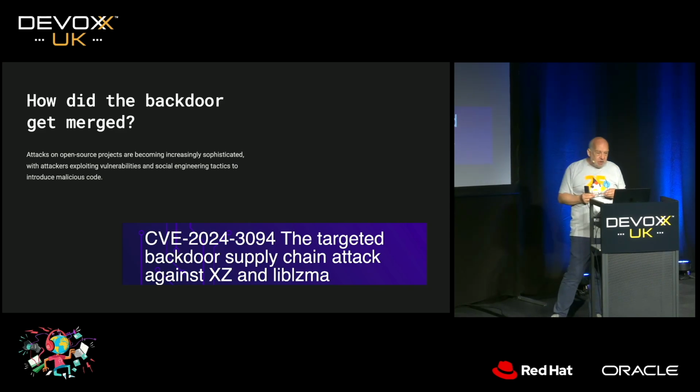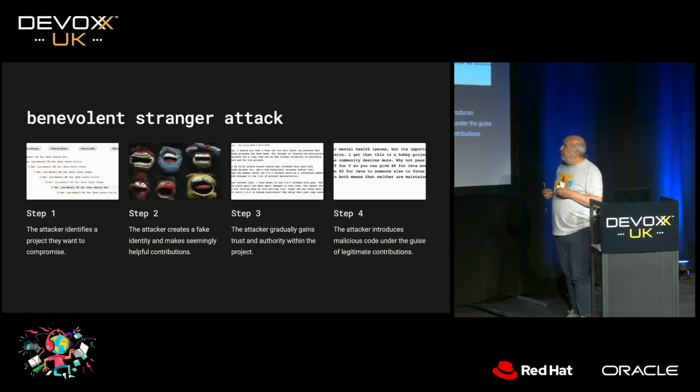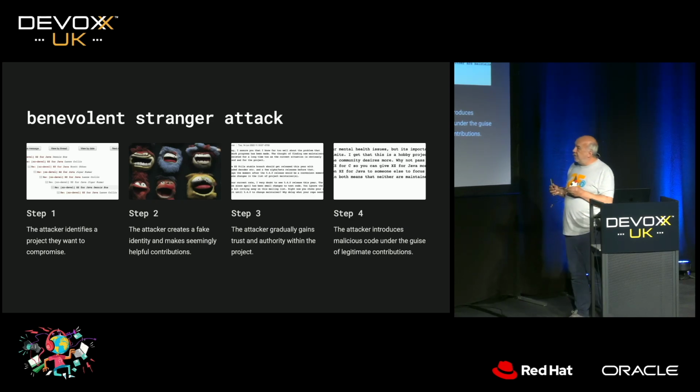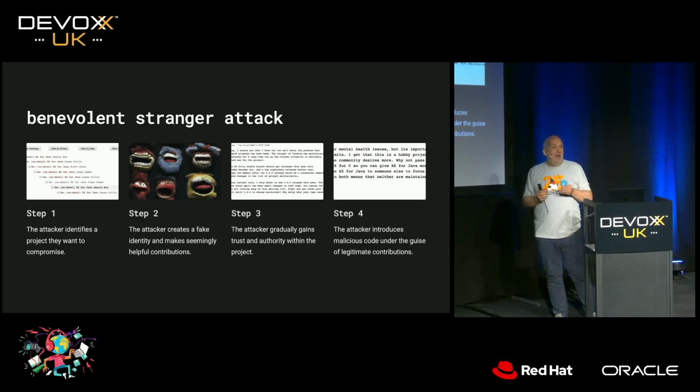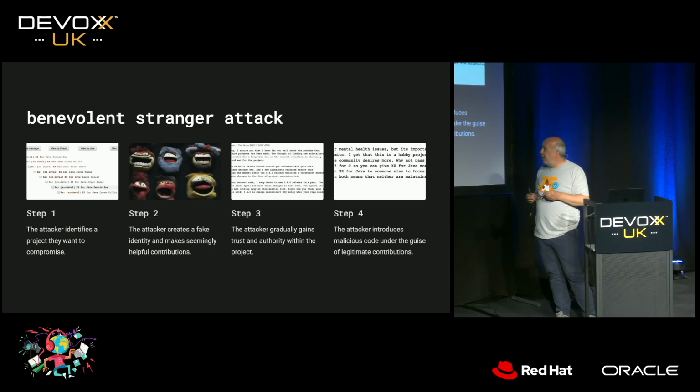And so what happens is this thing called a benevolent stranger attack, or sometimes called a sock puppet attack. So what happens in this circumstance is that people turn up, fake identities, and they participate in the development of that open source project. They may just be commenting, maybe fixing a couple of things.